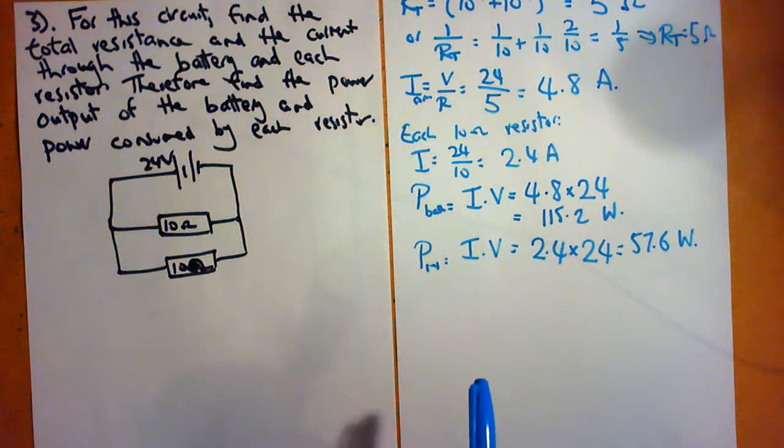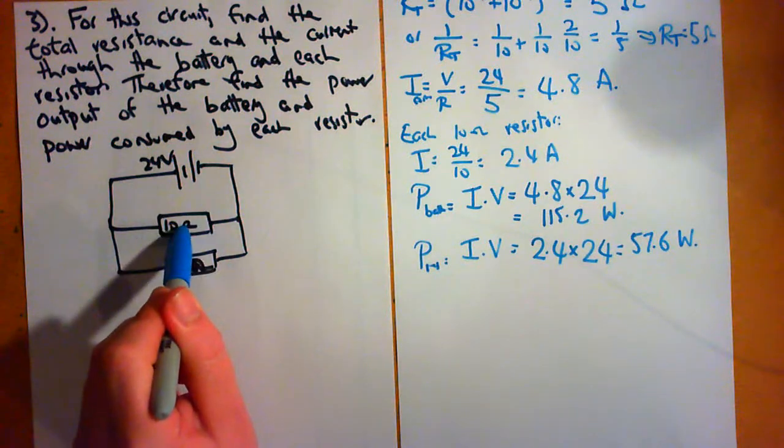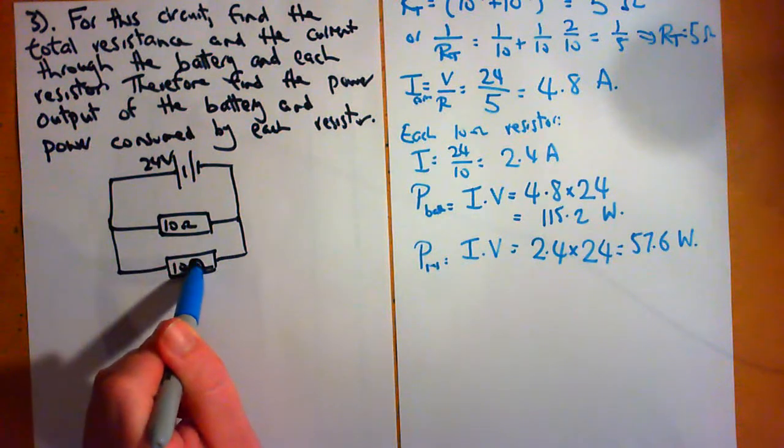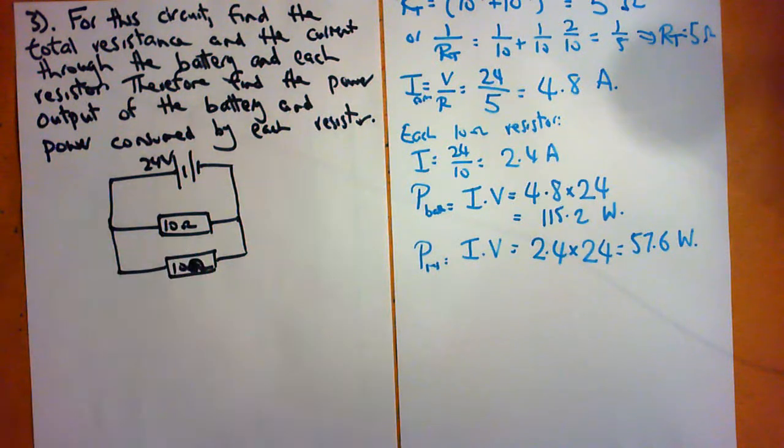And the power output of the battery is 115.2 watts. Each resistor uses up 57.6, so 57.6 used up by that resistor, 57.6 used up by that one. Adding those gives you 115.2, which is the output of the battery. So everything checks out as it should.